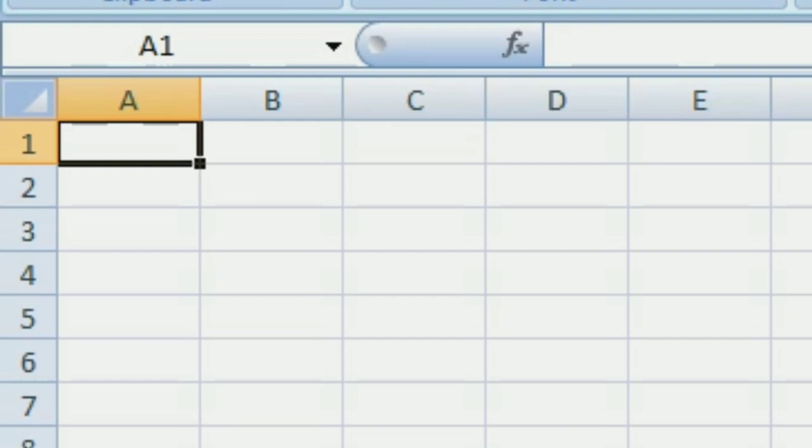The first step is to open a Microsoft Excel sheet and then take a couple of columns. In the first column, I will be typing concentration.